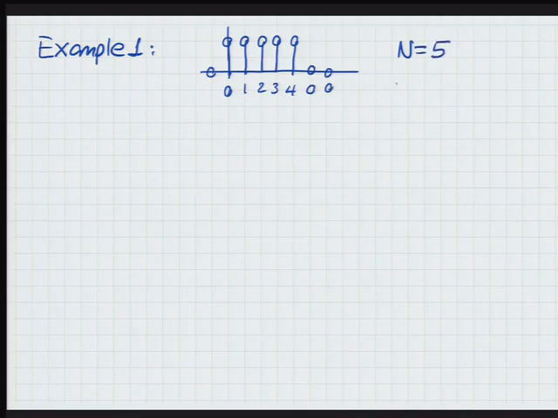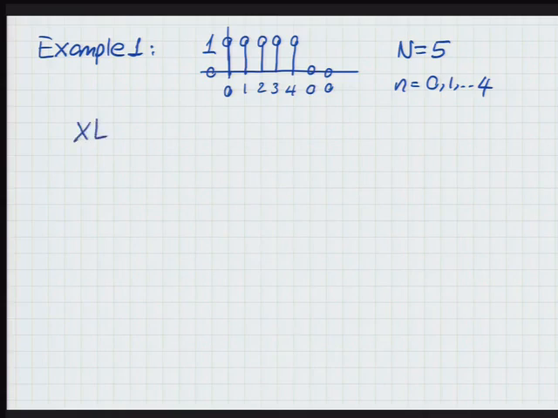In other words, n goes from 0 to 4, and let's say the value is 1. So let's find the DFT. The DFT will have 5 numbers in it, because the signal is a length 5 sequence. Its DFT is a length 5 sequence, only we may get complex numbers or not, depends on the signal.